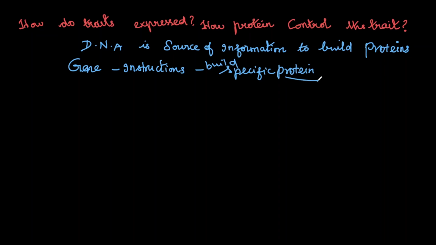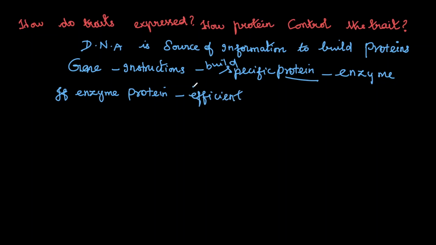Protein means, for example, enzyme. An enzyme is also a protein. Suppose the enzyme which is responsible for growth hormone is efficient enough, it is able to produce more growth hormone.